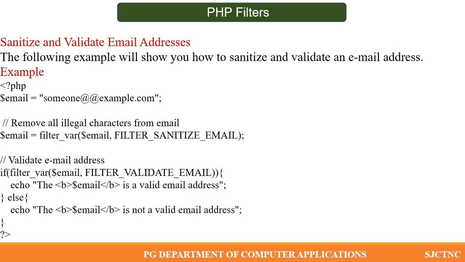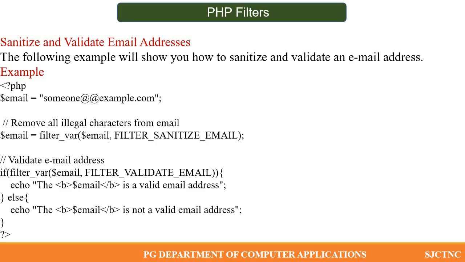Next, we will see how to sanitize and validate an email address. The following example will show you how to sanitize and validate an email address. First, a variable email is stored with the email address someone@example.com.